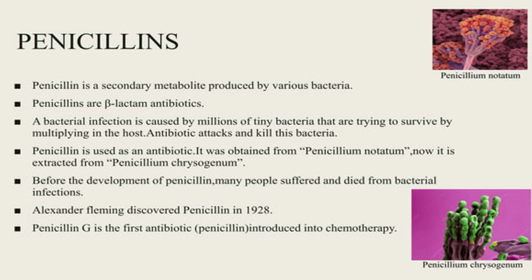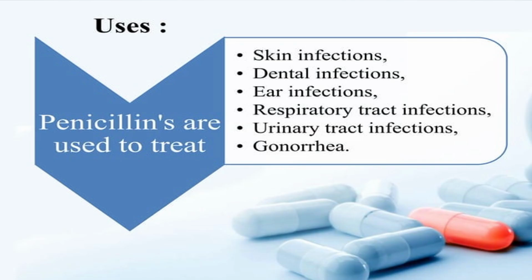Before the development of penicillin, many people suffered and died due to bacterial infection. No doubt, in 1928 Alexander Fleming accidentally discovered this antibiotic, but before this, many people died due to bacterial infections. Penicillin G is the first antibiotic which was introduced into chemotherapy.